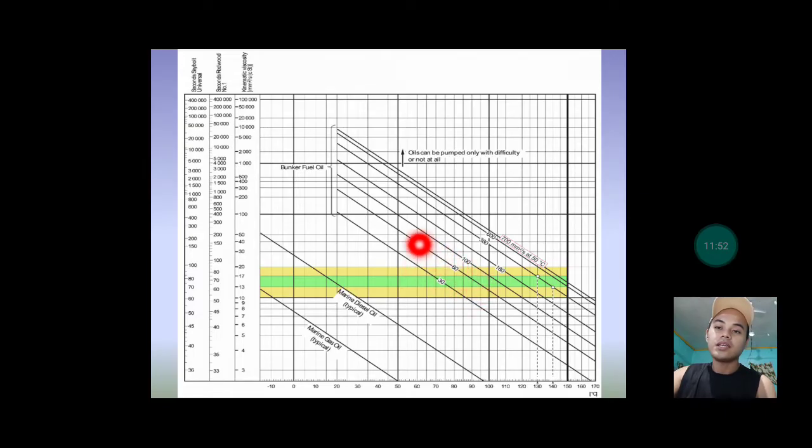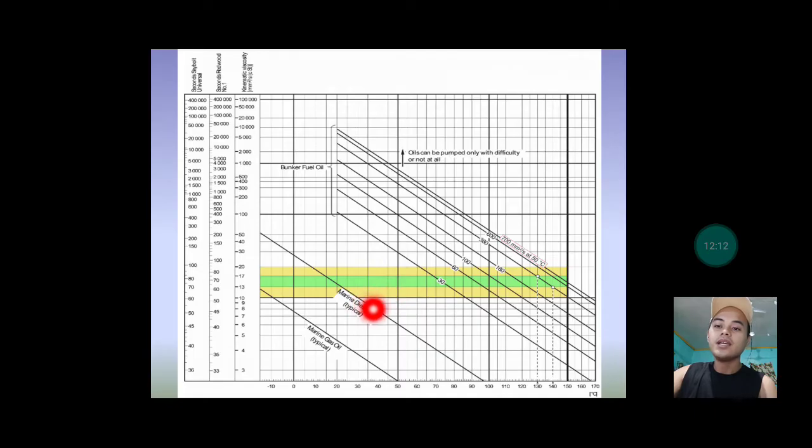This one is IFO 60, IFO 100, IFO 180, and HFO 380, different types of fuel. For example, let's try the fuel system.